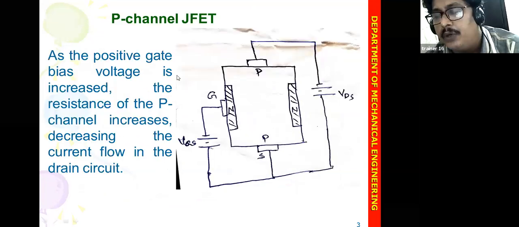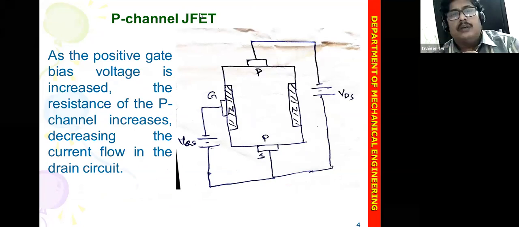Now we will discuss the P-channel JFET. See here, in the meaning itself we can understand the P-channel JFET. P-channel means the majority carriers are holes. The body is P-type, and the gate is connected to the N-type.